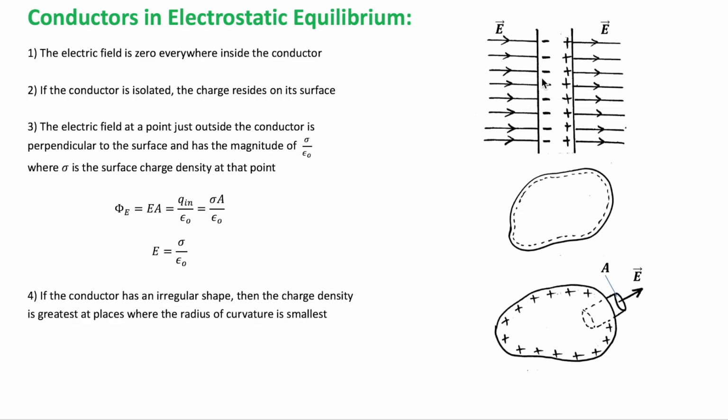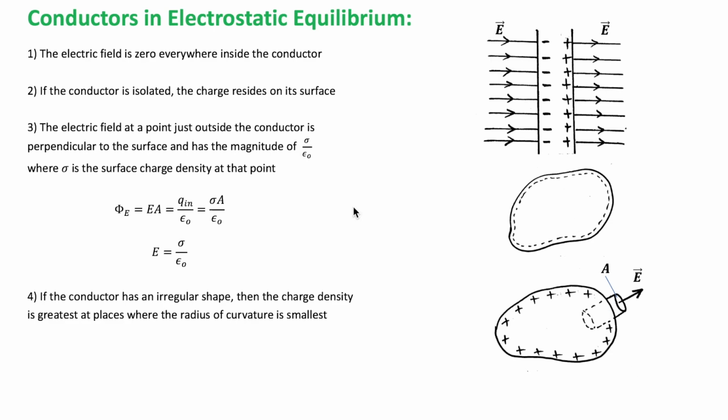So they accumulate at the left surface, and they leave a resulting positive charge on the opposite surface, right? And this will create an additional electric field inside that opposes the external field, okay? So the surface charge density will increase until the internal field cancels out the external field, and the net field inside is zero.